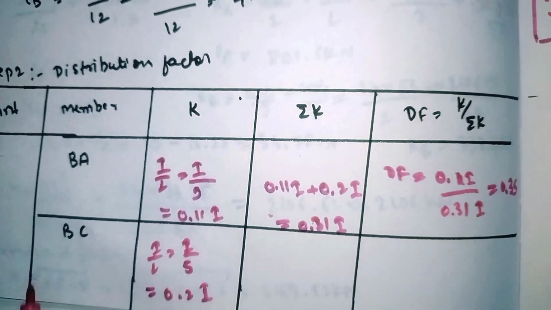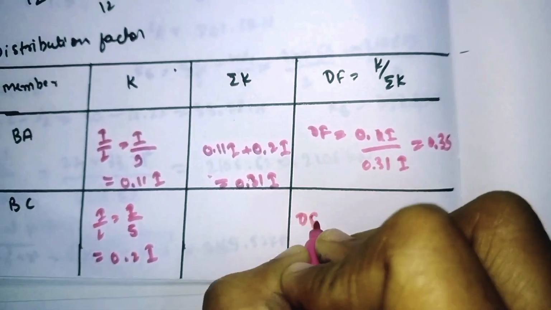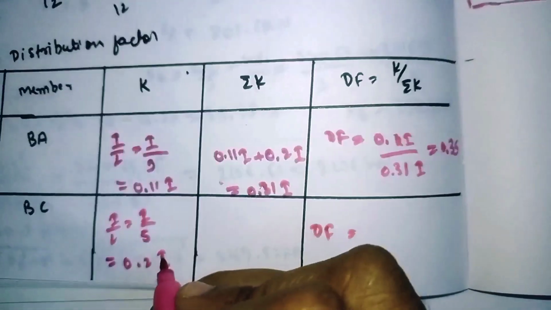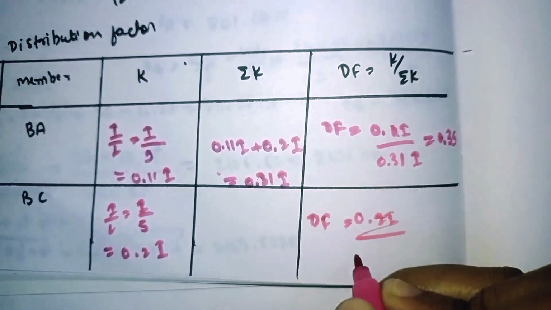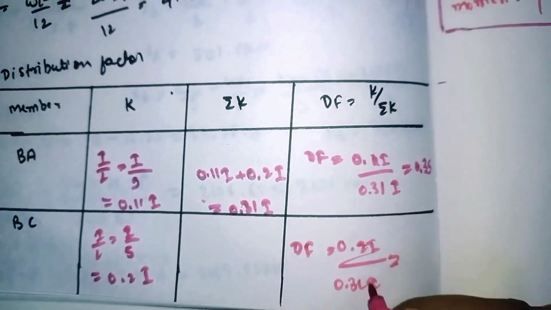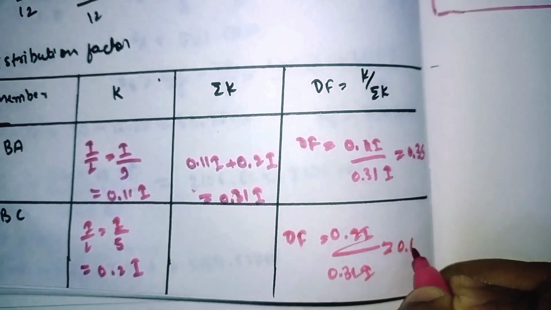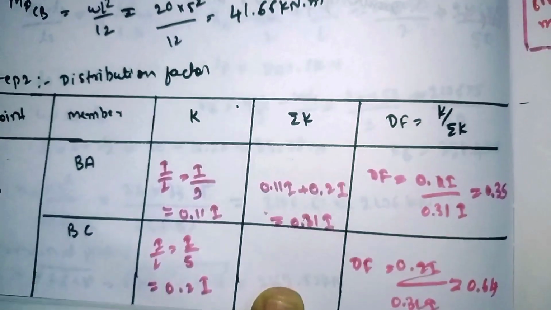Now we'll go for BC. DF is equal to the K value 0.2 I divided by summation of K, 0.31 I. By simplifying it will come out as 0.64. This is the distribution factor value for our member BC.